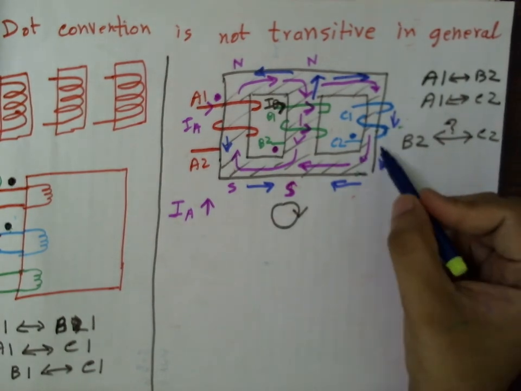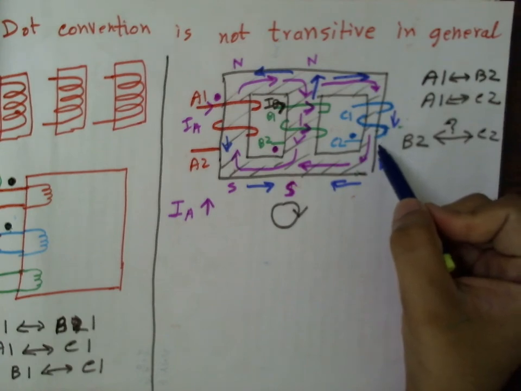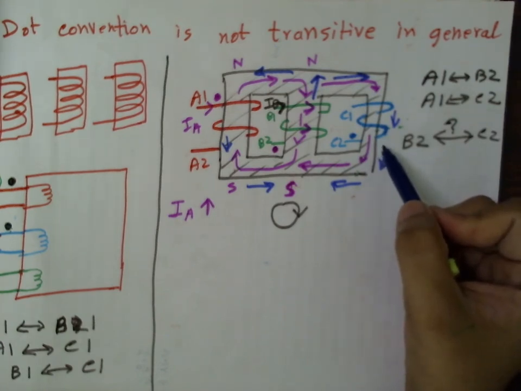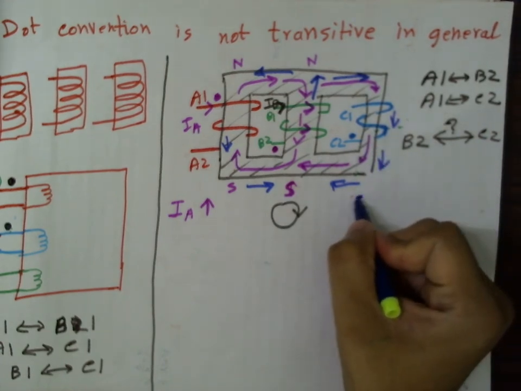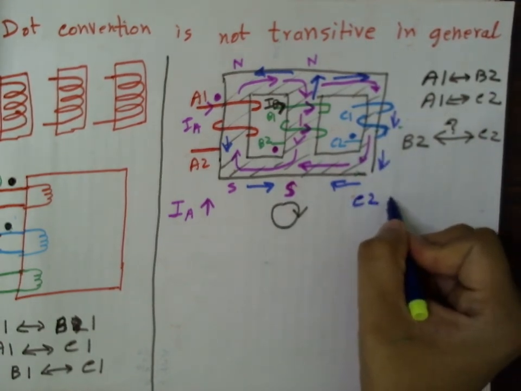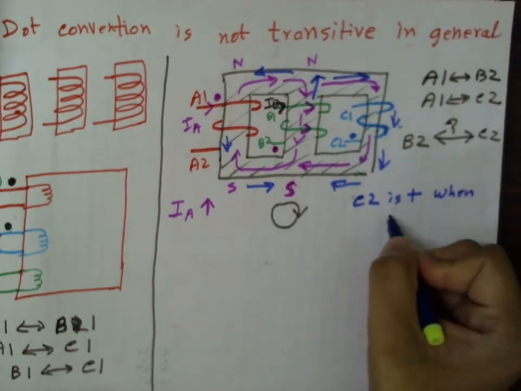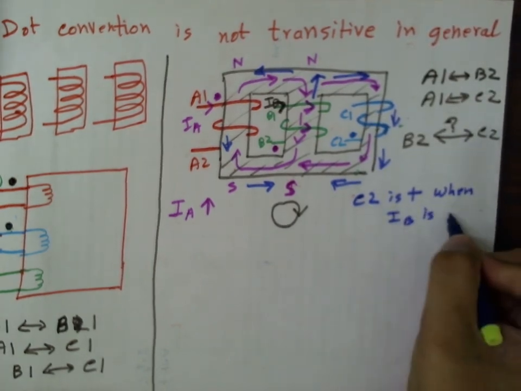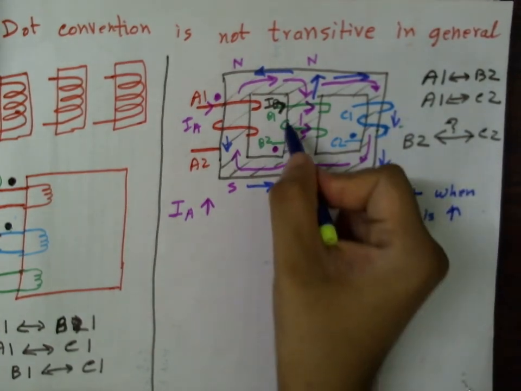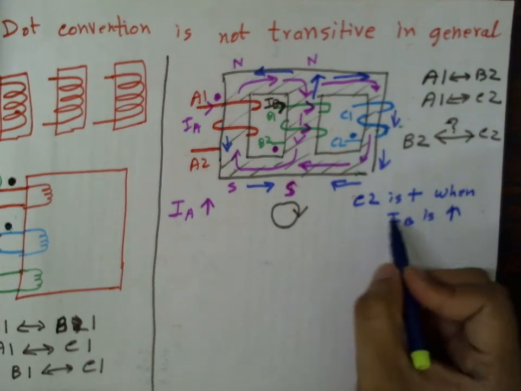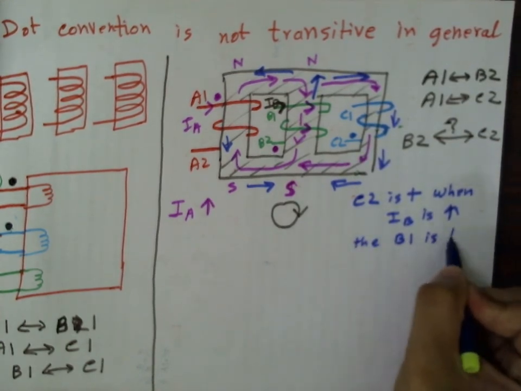we can again use Lenz's law and find out the direction of EMF in coil C, and we'll see that C2 should be positive. C2 is positive when IB is increasing. Now when IB is increasing, B1 is positive. So then B1 is positive.